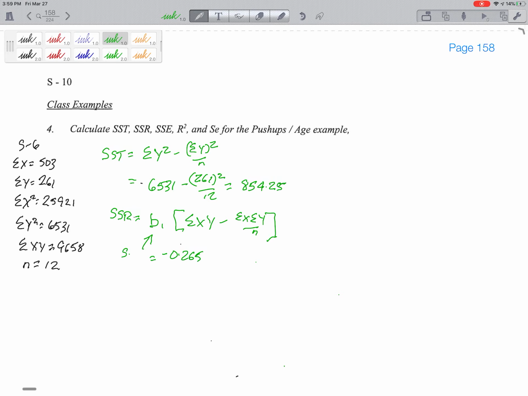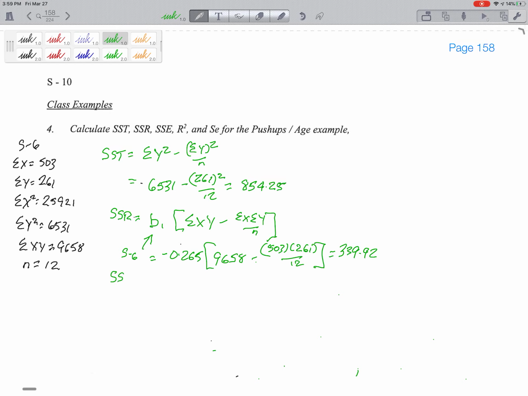So that was from page S6. Times 9658 minus 503 times 261 over 12. And that comes to 339.92.